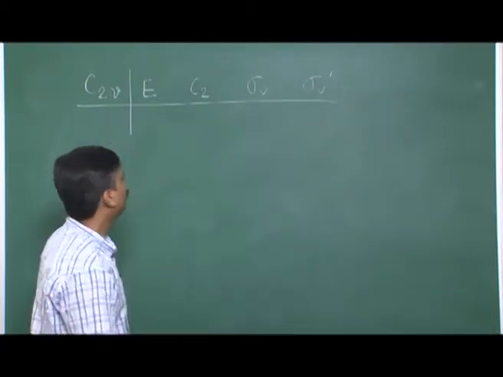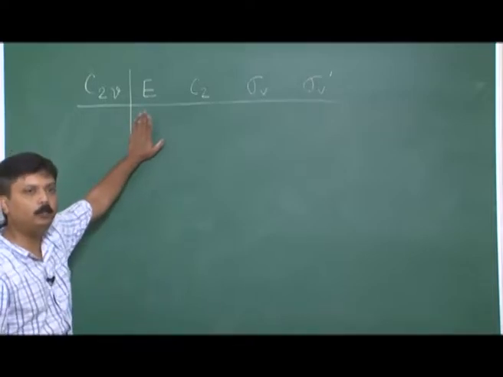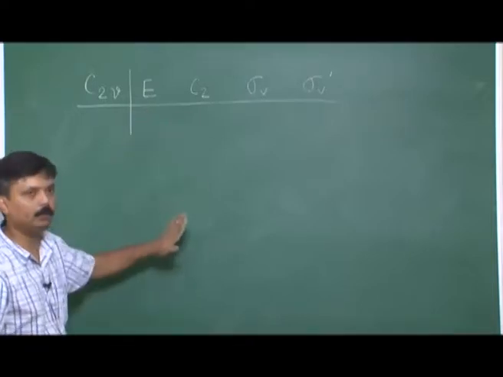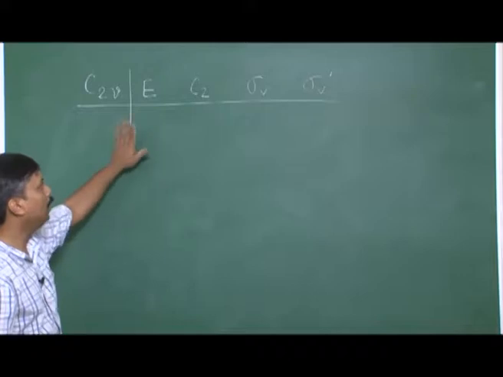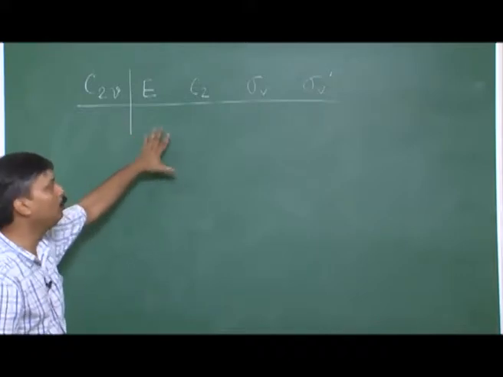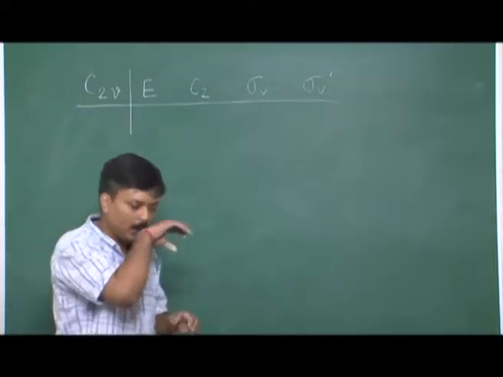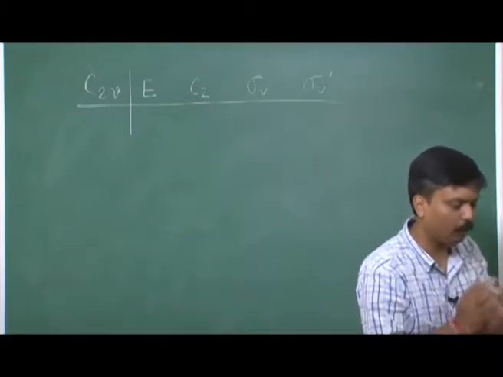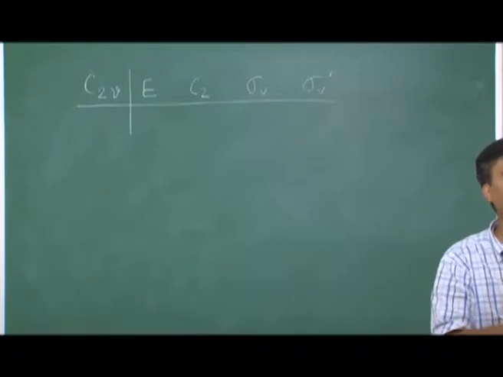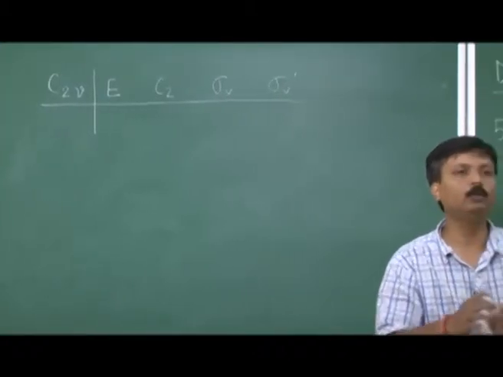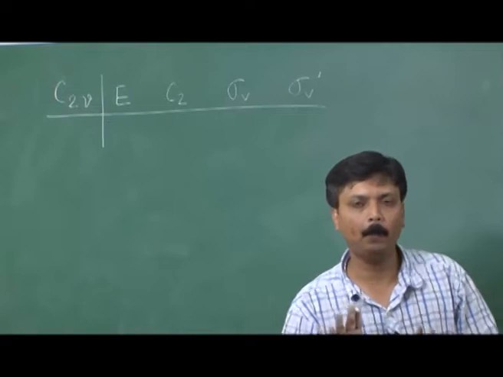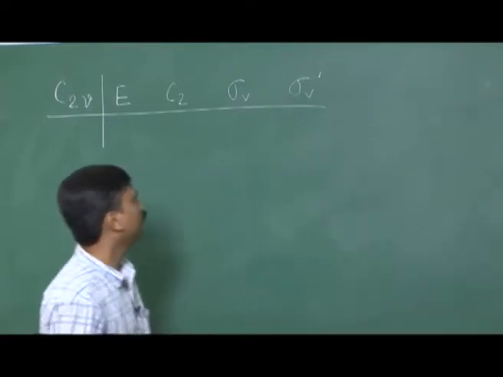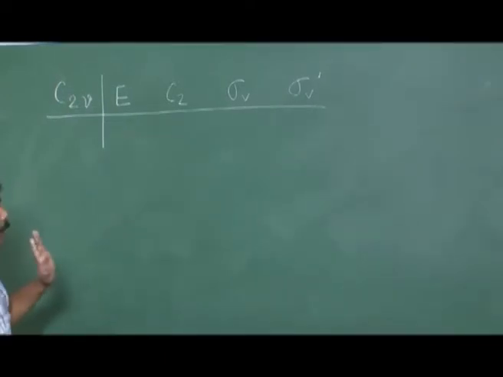So we will try to form the character table. To start with, I do not know how it is going to be. What we will do exactly is as follows: we will start from rule 1 and go all the way to rule 5, and then ultimately we will form the character table.